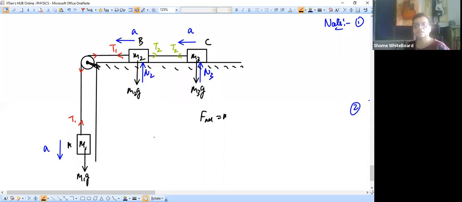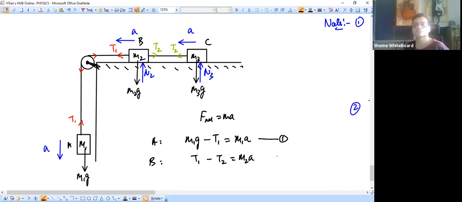For block A, the net force should be downwards, so it should be M1G minus T1, and that should be equal to M1A. For block B, the net force is towards the left, so T1 minus T2 is equal to M2A. And for the third block, T2 directly is equal to M3A. That's the third equation.